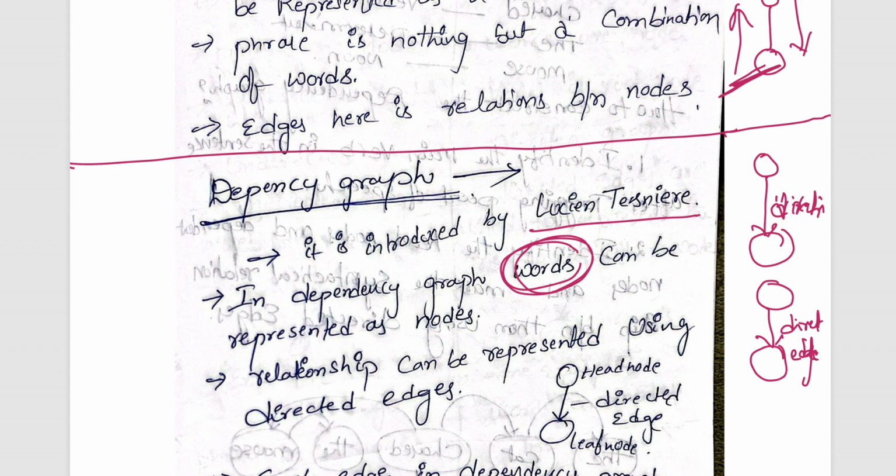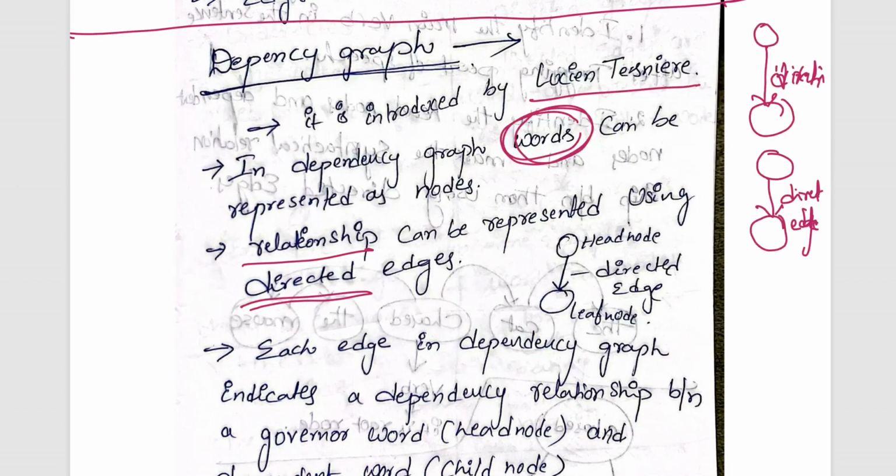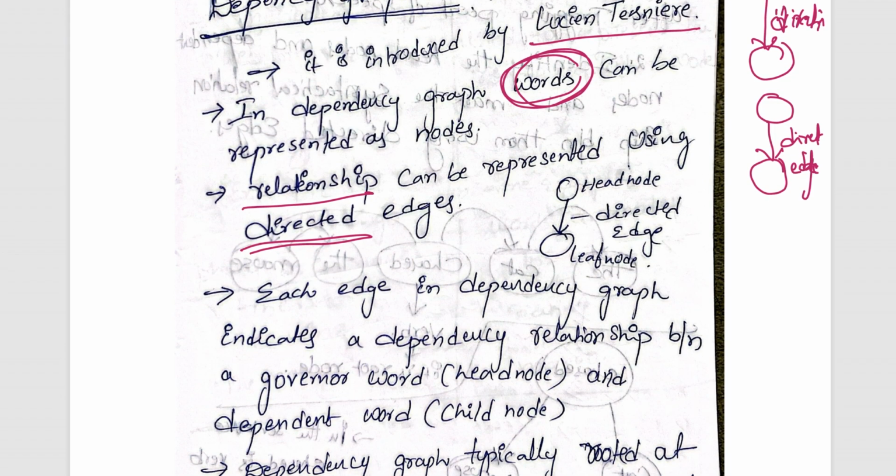One more difference is that relationships are represented using directed edges. Each edge in the dependency graph indicates a dependency relationship between the head node and the child node.